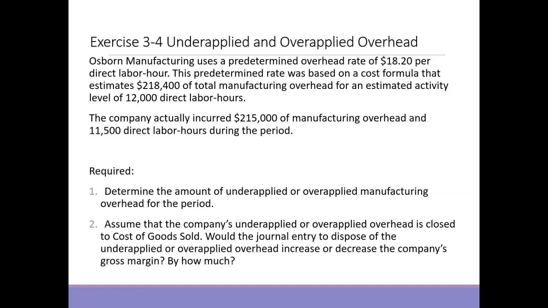The company actually incurred $215,000 of manufacturing overhead and 11,500 direct labor hours during the period. Determine the amount of underapplied or overapplied manufacturing overhead for the period. So what's it going to be?